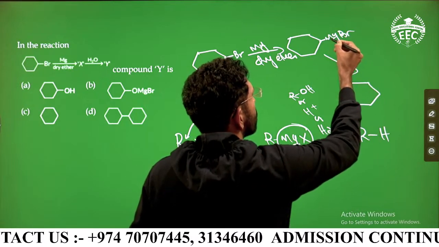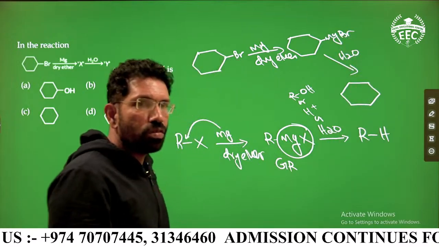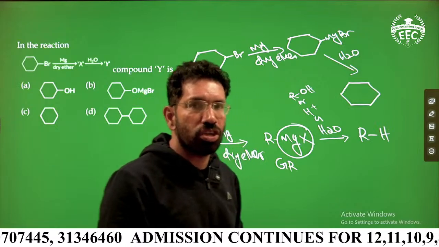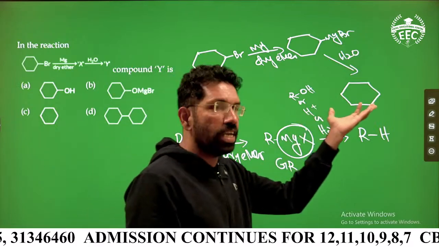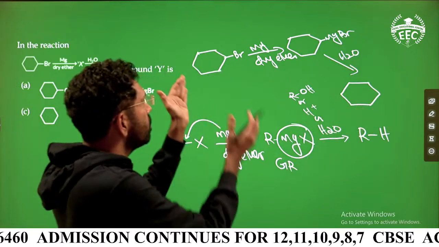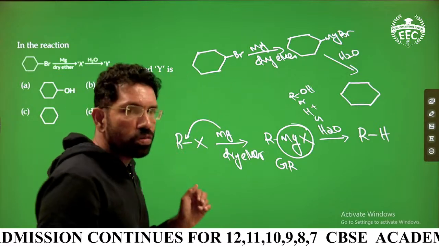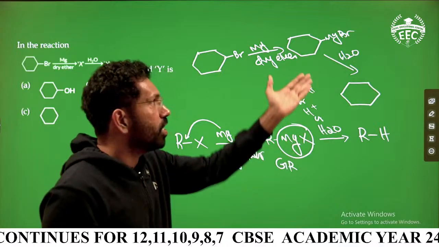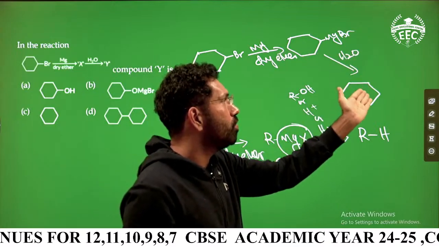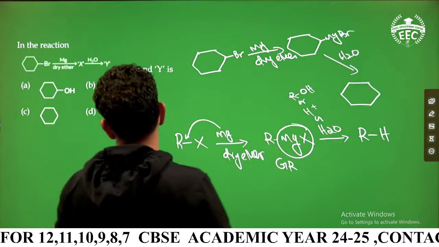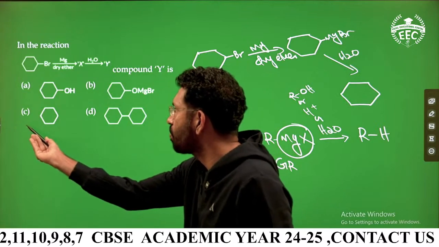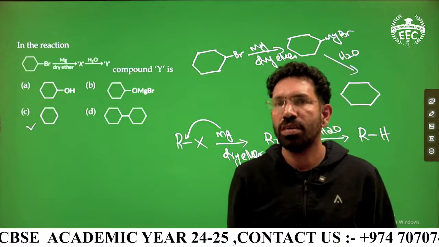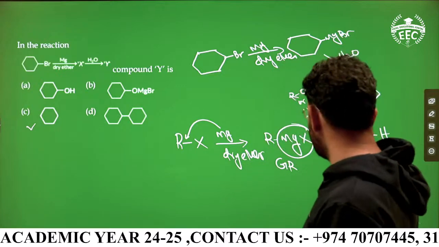We are not showing H because we are representing in bond line notation, where we won't mention H. So cyclohexyl bromide with Mg in dry ether gives a Grignard's reagent, and with H2O gives cyclohexane. So your answer is C. Very good. We are moving to the next question now.